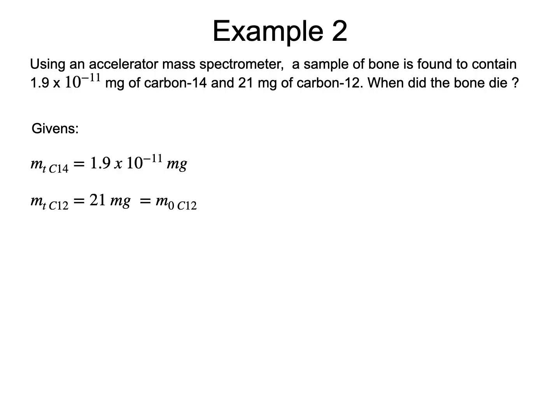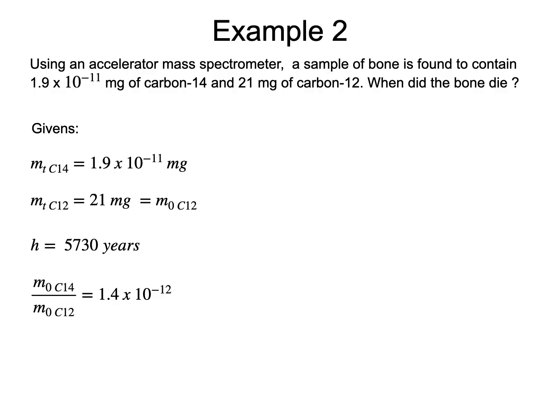It was already mentioned that the half-life of carbon-14 is 5,730 years, and the ratio of carbon-14 to carbon-12 in all living things is 1.4 times 10 to the minus 12. This would also be the ratio at the time of death.